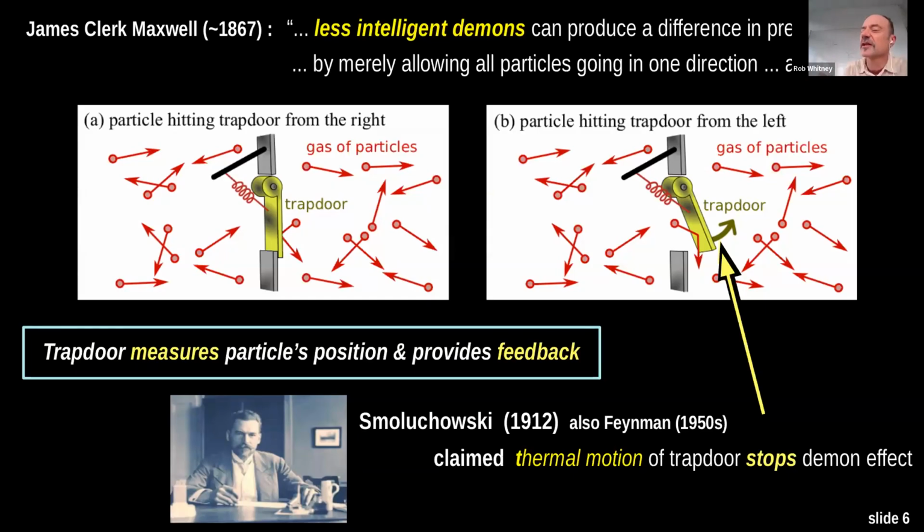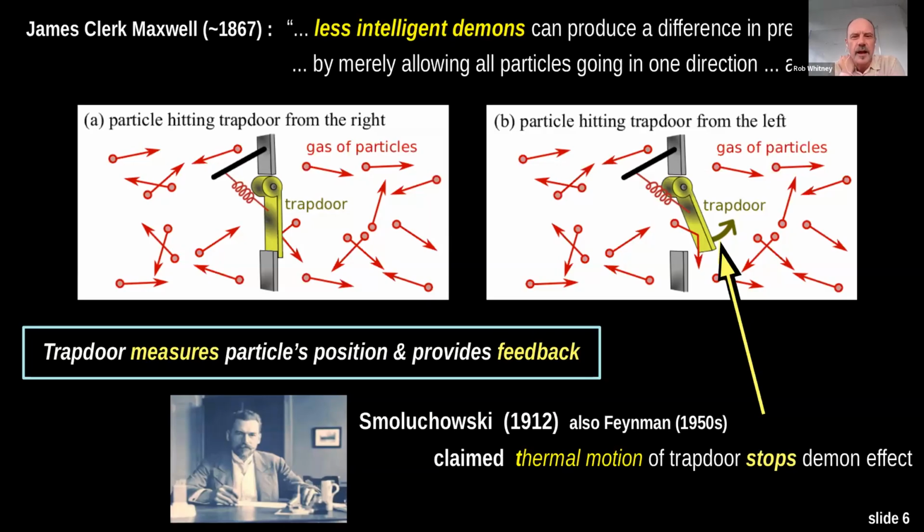So one needs a more subtle argument to say why this doesn't violate the second law than just saying, oh, the trapdoor is in motion. And I haven't seen that more subtle argument, which I will give to you towards the end of this talk. And I'd be very happy if you tell me that sometime in the last 110 years, someone has published it somewhere, because I'm sure I haven't looked in all of the places I could have looked.